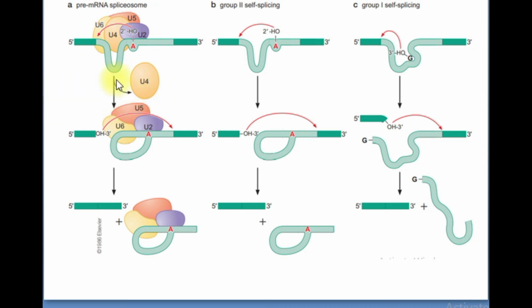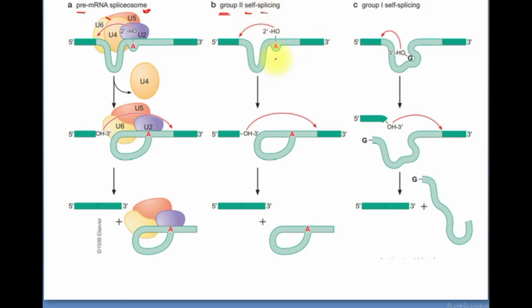Group 2 self splicing is similar to the pre-mRNA spliceosome mechanism. The only difference is that in the spliceosome, proteins are involved, but in group 2 self splicing proteins are not involved, they make the splicing by themselves.